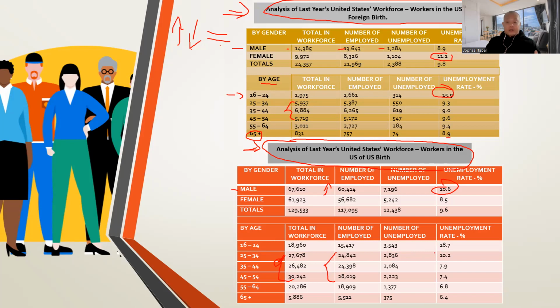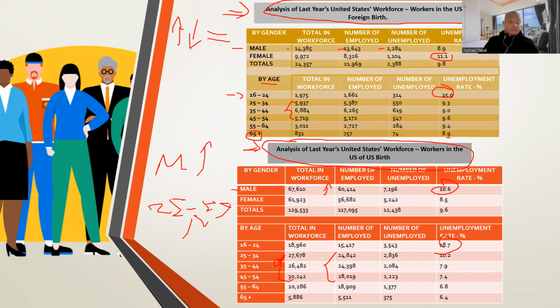That is why their unemployment rate is high. So as you can see, there's the same pattern. So what is the same pattern here? Male workforce is higher for gender. And then age group 25 to 54, they're higher too in both graphs. So they have the same pattern.